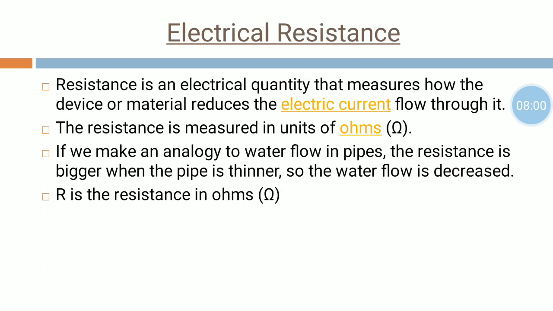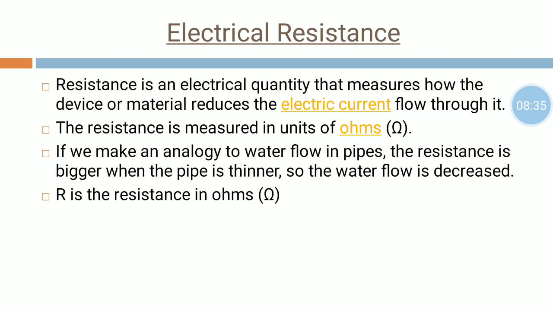Next, electrical resistance. Resistance is an electrical quantity that measures how much a device or material reduces the electric current flowing through it. The amount of electric current a device can resist is called the electric resistance.